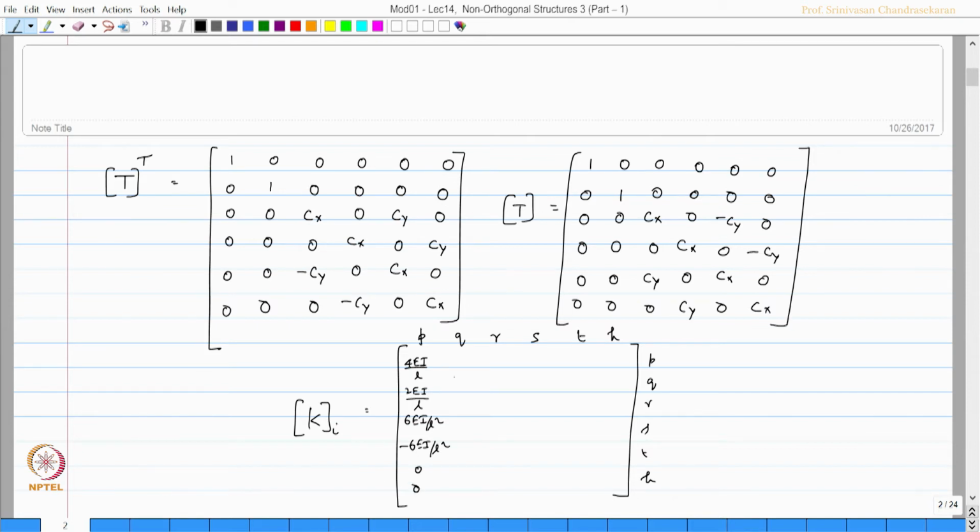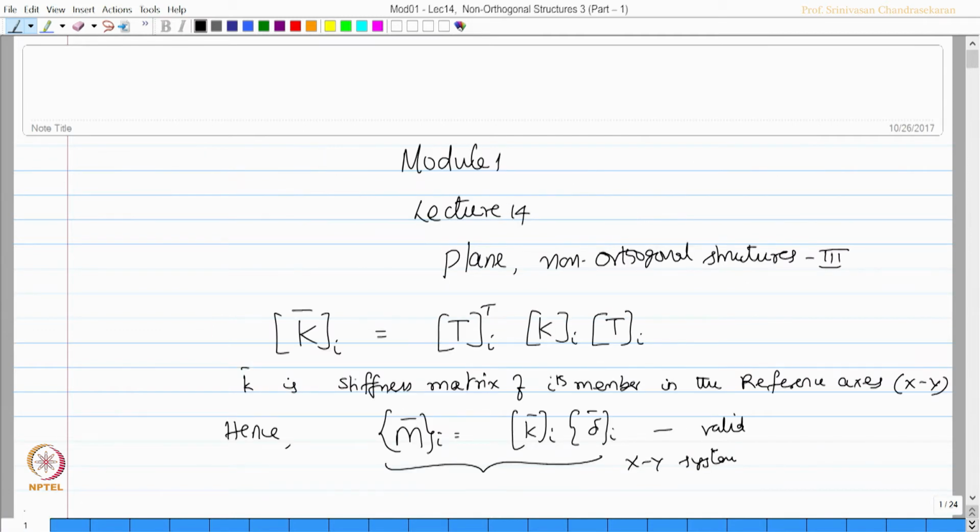I hope you will be able to fill up the remaining values by looking at this, except that the last case is going to be AE by L, minus AE by L, AE by L and AE by L.